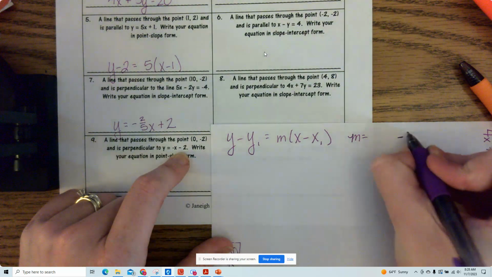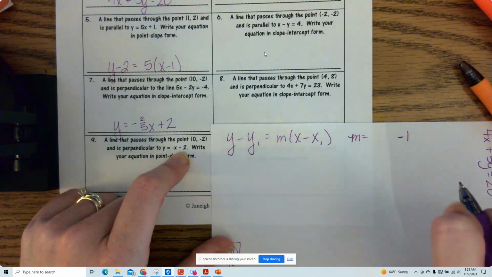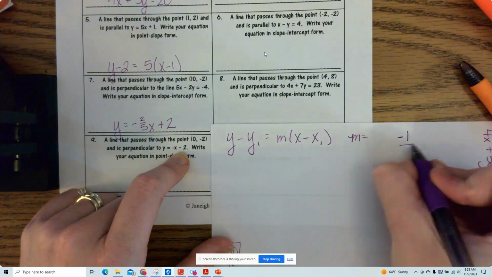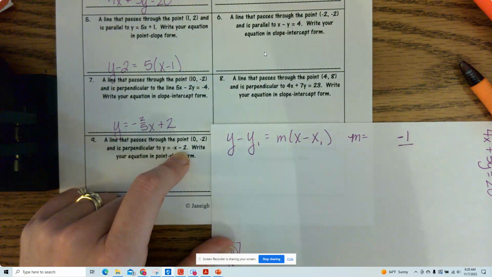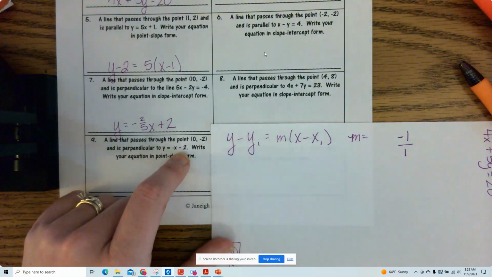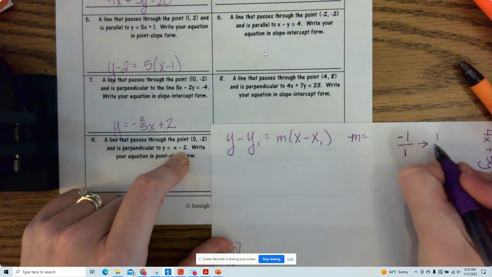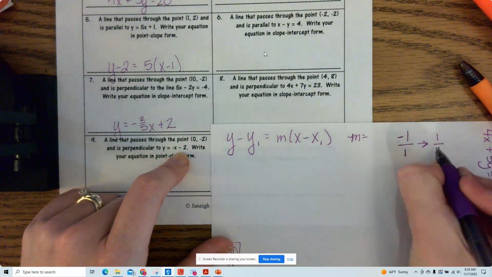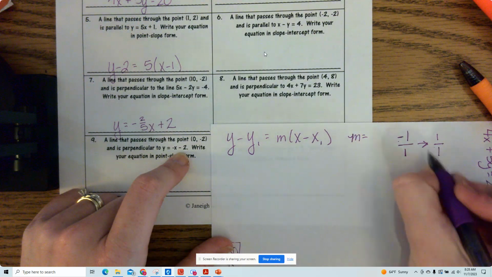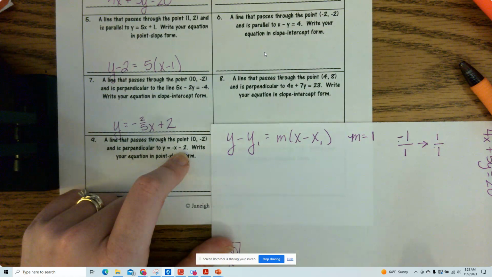So if the original slope is -1, I have to do negative reciprocal. Any big number like that, -1, 2, 3, 4, any whole number, just put it over 1 so you can flip it. So I flip it on its head. If this one's negative, this one's positive. 1 over 1 is just a 1.